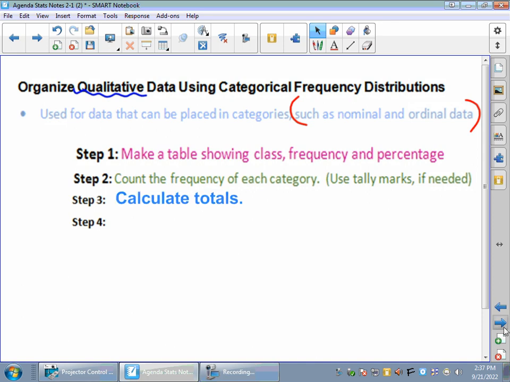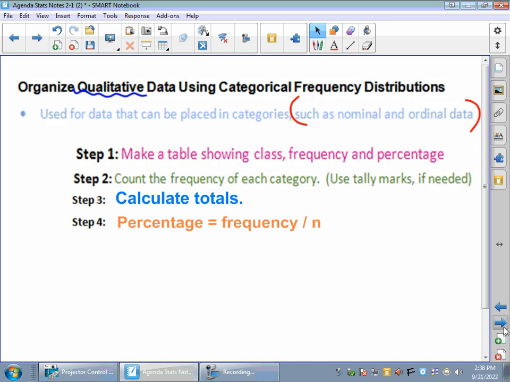Third thing, calculate your totals. Also make sure that you double check and count all your frequencies and make sure that they equal the total number of data. The total number of data is our sample size, and we use the letter N to represent that. And last but not least, do a quick calculation.